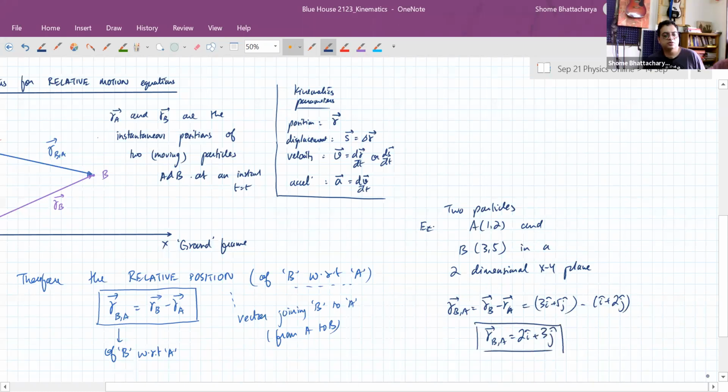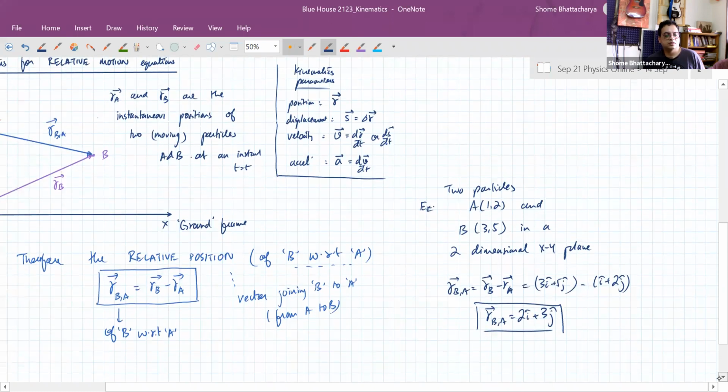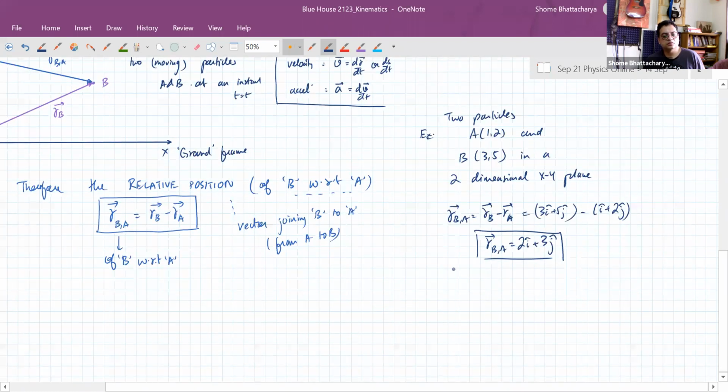Because this particular example's diagram looks something like this. So A is located somewhere here, let's say, and B is located at 3, 5.